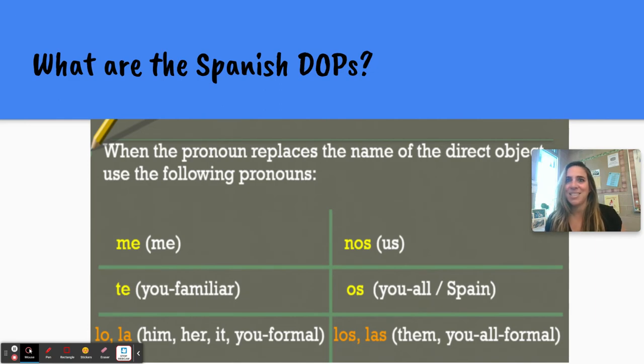Not a nice thing to do, but he hit who? He hit me, and so we're going to replace it with me, me. Then let's take a look at another one with us. Another not nice thing to do, but he hit us, and so we're going to make sure that we use the direct object pronoun nos, us.